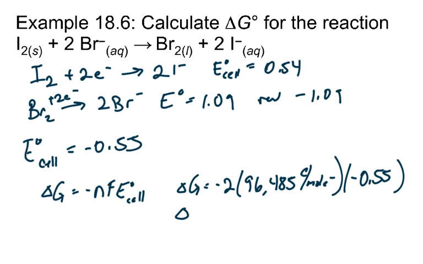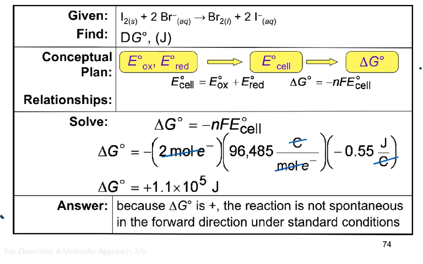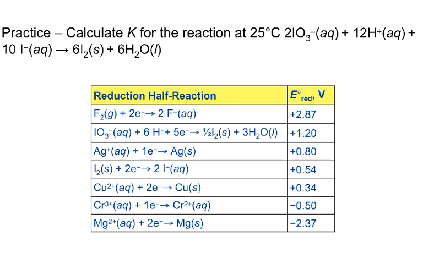So my delta G naught is 1.06 times 10 to the 5th joules. So I am not spontaneous because that's positive, which makes sense because my E is negative. We're not spontaneous in the forward direction under standard conditions.